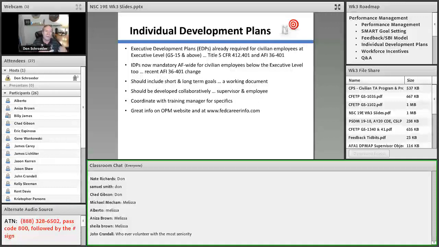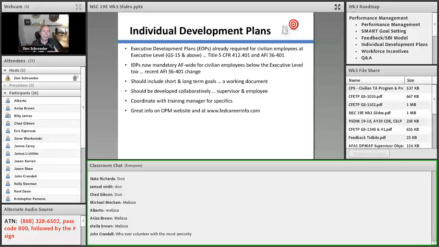No, the supervisor, fourth bullet, the supervisor and the employee are working on this IDP together to try and make sure that this individual is being developed. In other words, we're talking about their professional development as an Air Force civilian. Or even, maybe they're going to leave the Air Force and become just another civilian somewhere within the GS system. But the idea is it's for their professional development, all right?